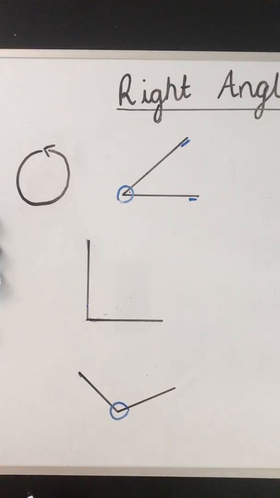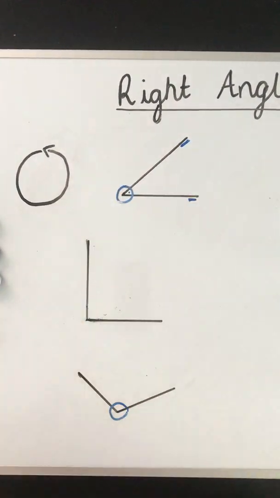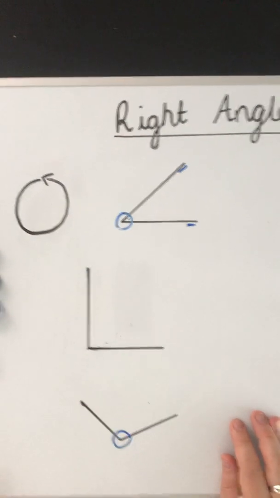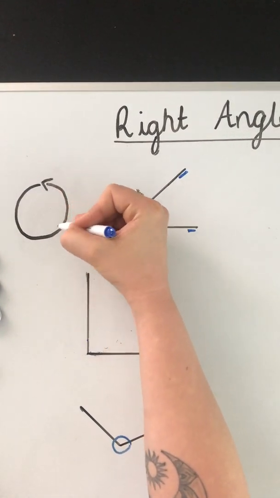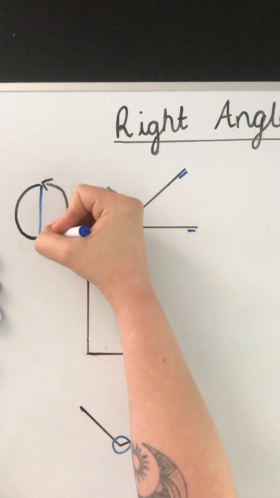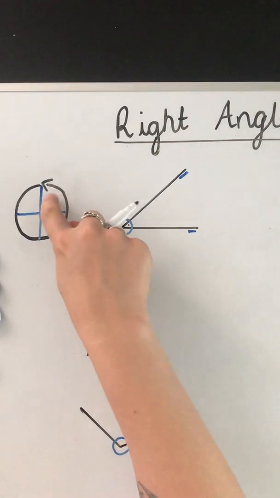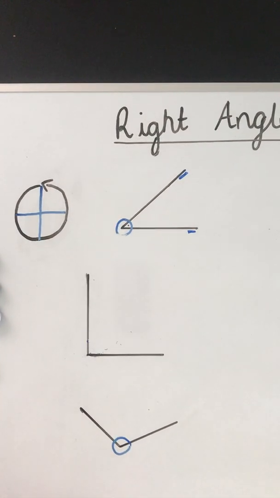But what I want us to look at this week is specifically right angles, okay? Now a right angle is a quarter of a turn. So if you imagine our full turn here, and you split it into quarters, into 4, then that is 1/4 of a turn, okay?